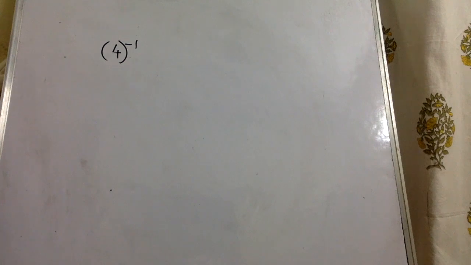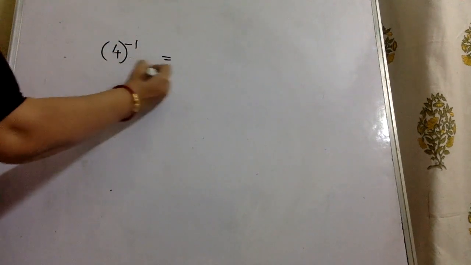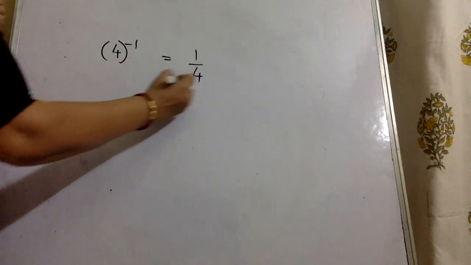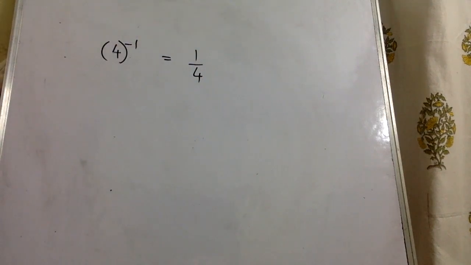So now, if you want to write this, you make it 1 by 4 to the power 1. That is it. So you don't have to write the 1. That is the usefulness of this numerator denominator change. You can change the sign of the power as you wish. So we have converted it, you can see clearly, to a rational number.